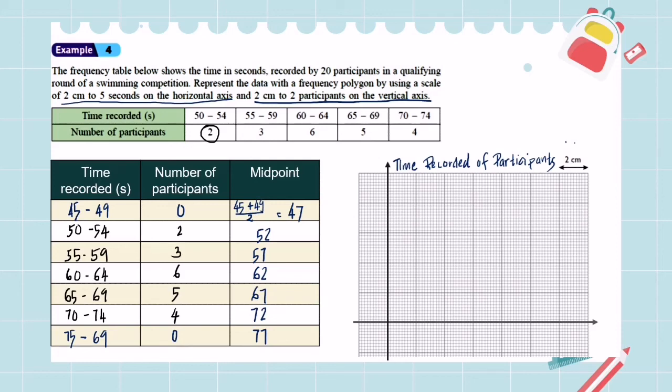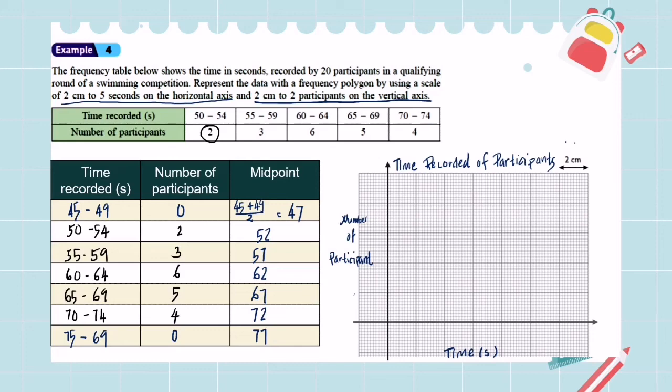For the horizontal axis is time in seconds. In the vertical axis is number of participants. You must remember the vertical axis always represents the frequency.